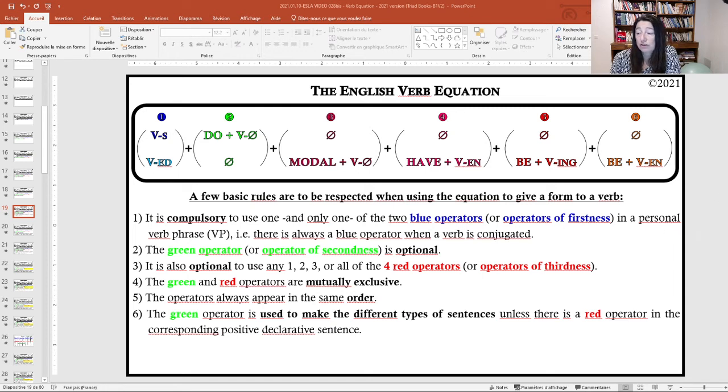Or you could use the operator of the past, and then you could choose a modal and no perfect and the be plus ing form and the active voice. So all the choices are possible given that you take into account the rules that are mentioned here, and which are, as you can see, really, really easy.